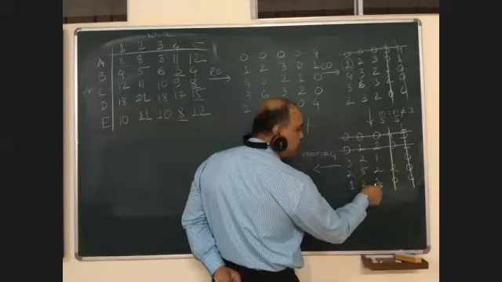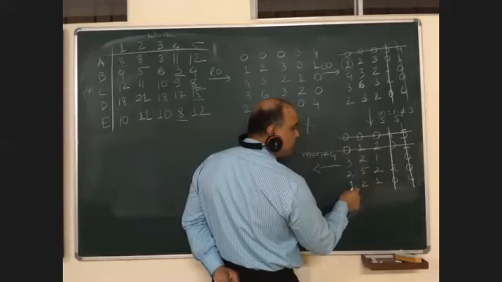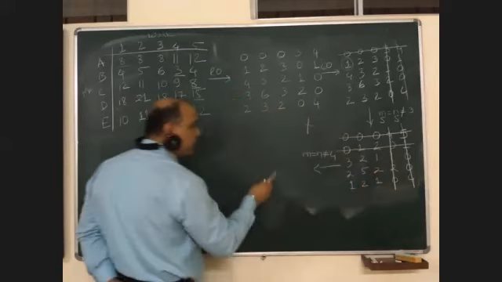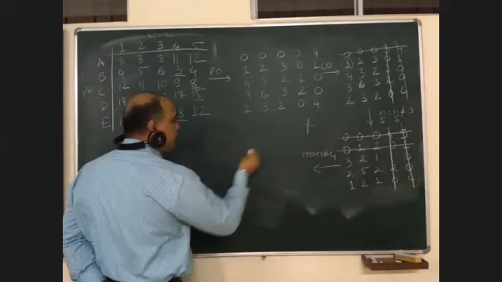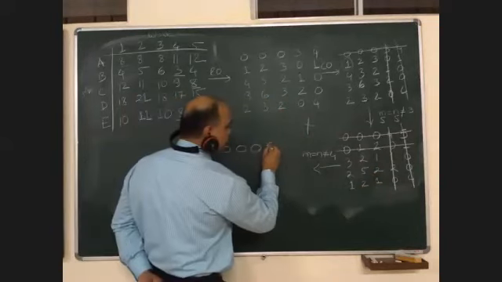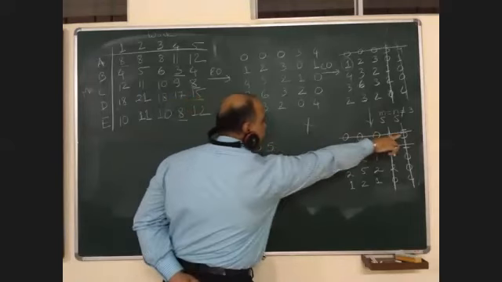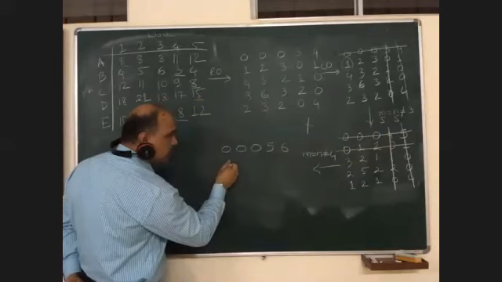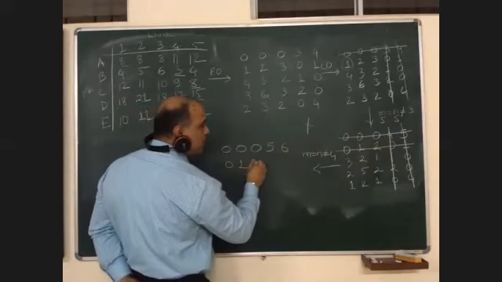Choose the minimum. Minimum is 1 here, right? Add at the crossing and subtract. I'll write 0, 0, 0. Since this is a crossing, 4 plus 1, 5. 5 plus 1, 6. 0, 1, 2.